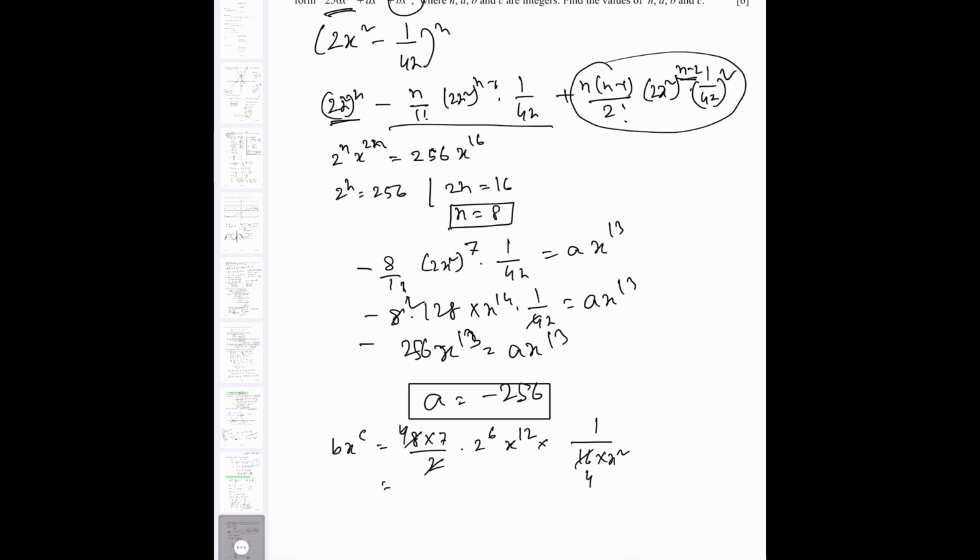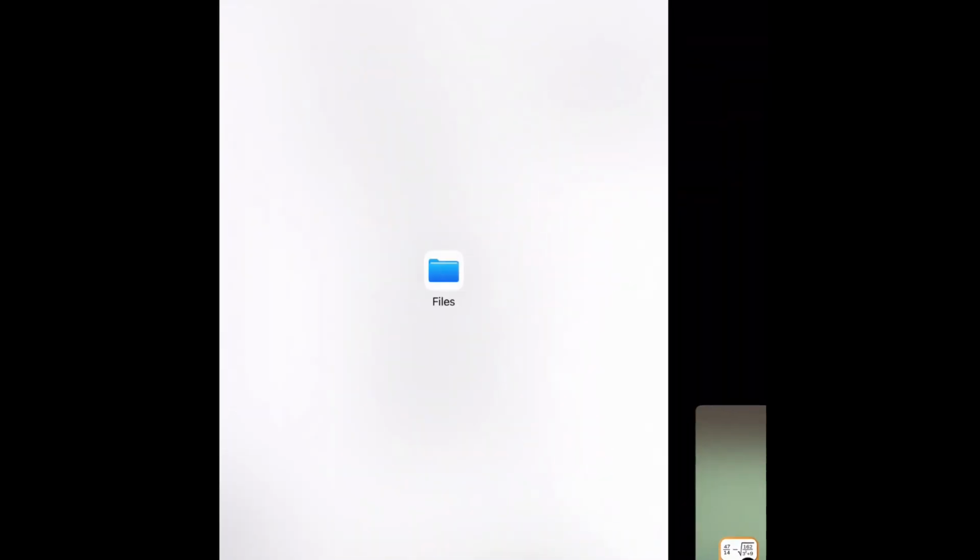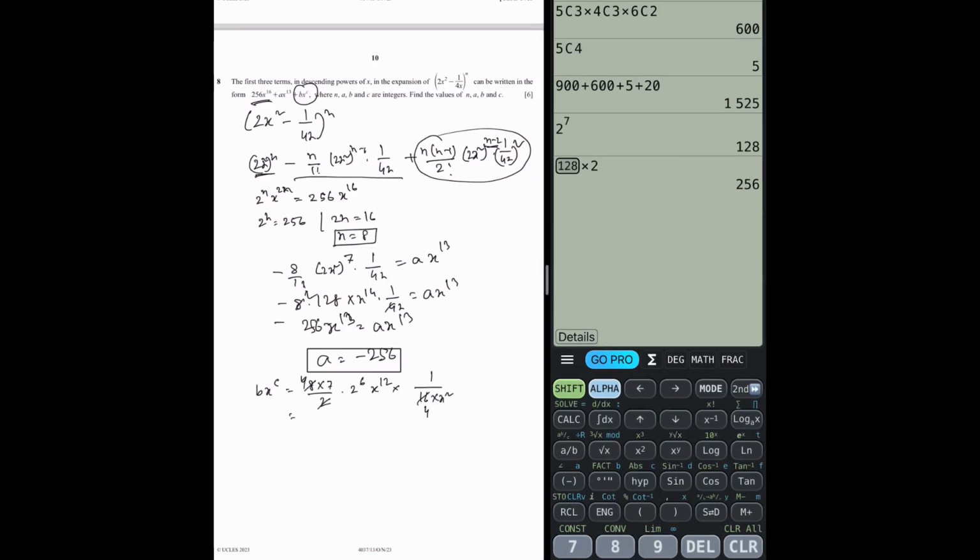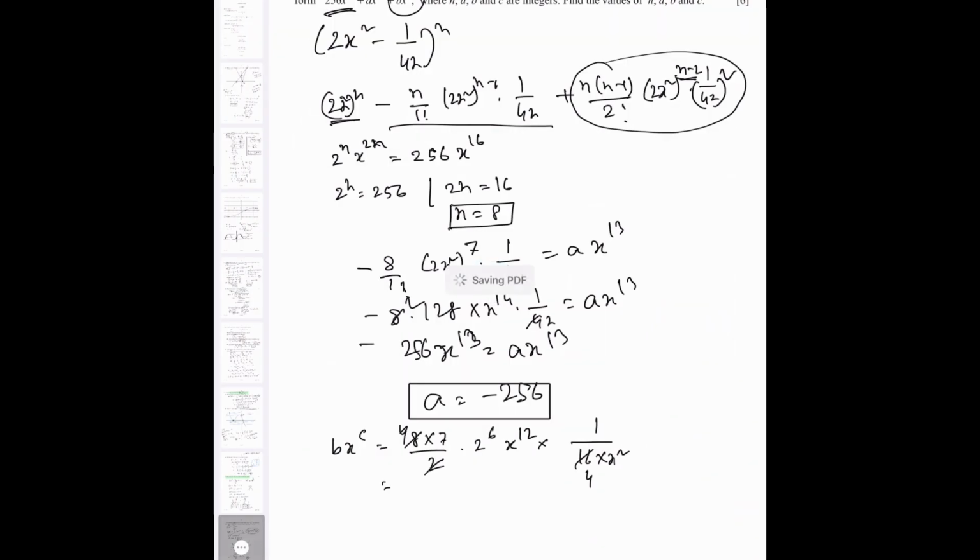Then 2 squared, 2 to the power 6 over 2 to the power 4, 2 to the power 4 is 16, 7 by 16. Let me try: 7 times 16, 112.